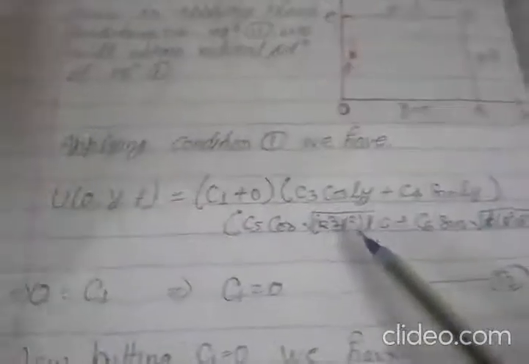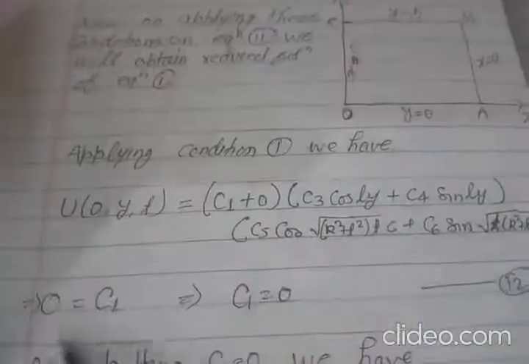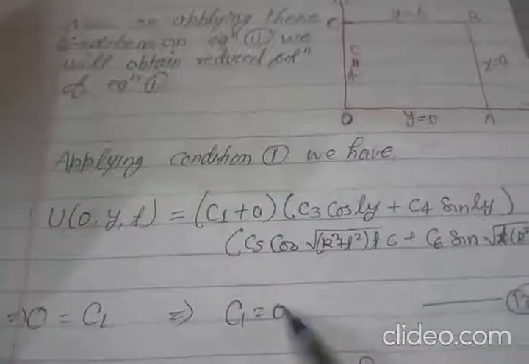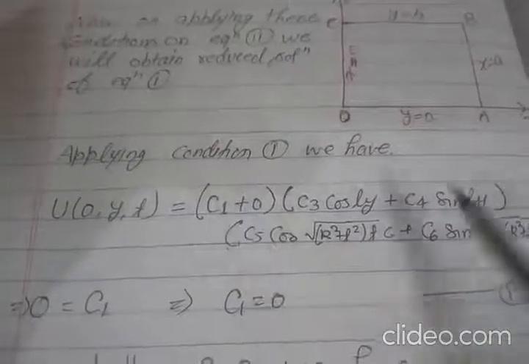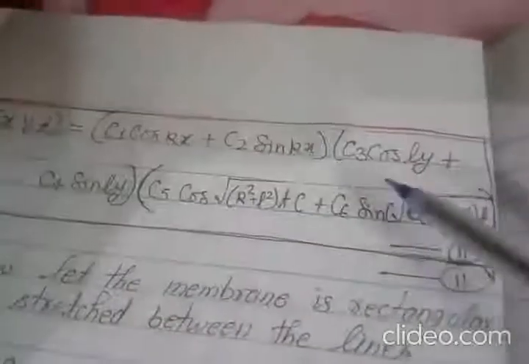So from here, 0 is C1 times that, so C1 will be 0. Now putting C1 equal to 0 in equation 11, we will get C2 sin kx times the rest of the equation.